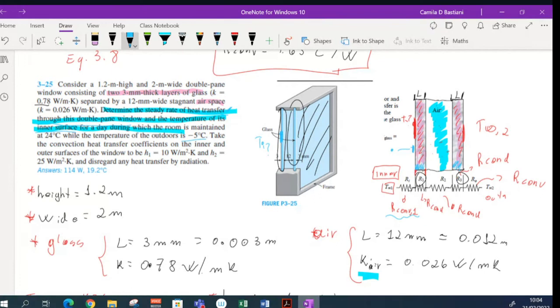We have conduction through the air between the glasses, because my air is stagnant, so it acts like a conducting medium. And we have another convection between the outer surface and the air on the outer side. Okay? So this is our thermal resistance network.